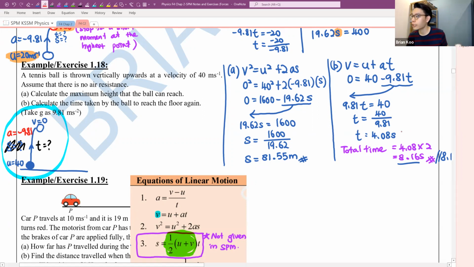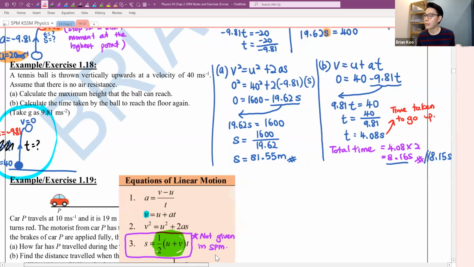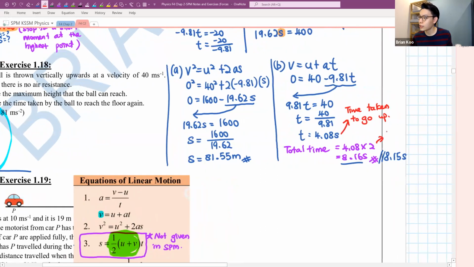Maybe you guys can jot down: time taken to go up is 4.08. And then why do we times 2? Because time taken to go up and come down are the same.